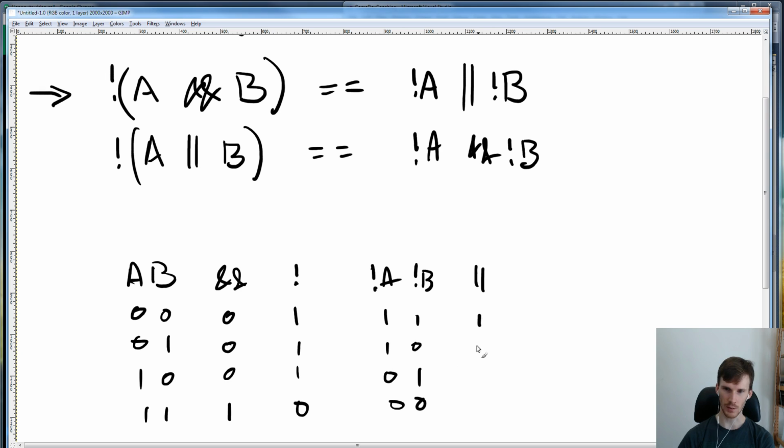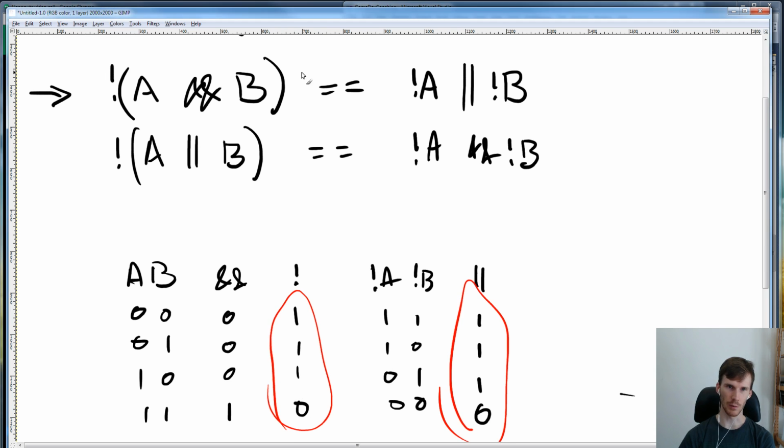That's 1, that's 1, that's 1, that's 0. And of course, that column and that column are the same, so we've proven that those are equal. And there's not all that much point in going through the other one because you get the same result. So you sort of just take that for true.